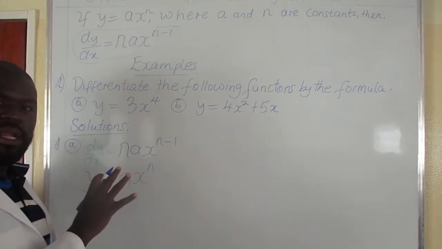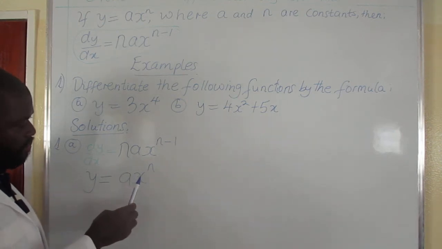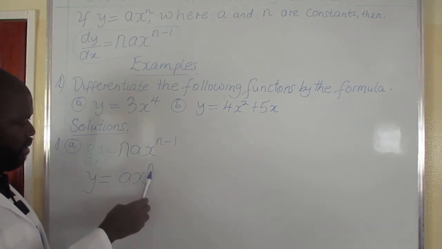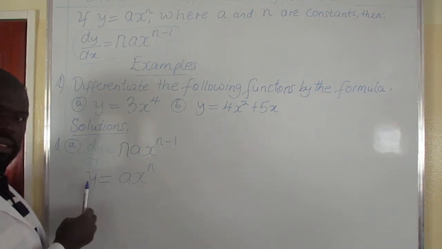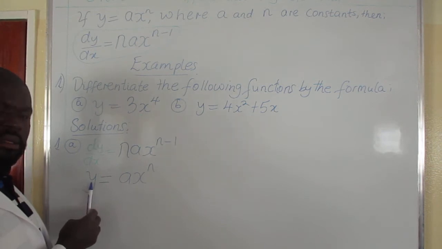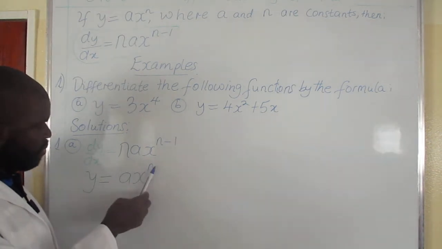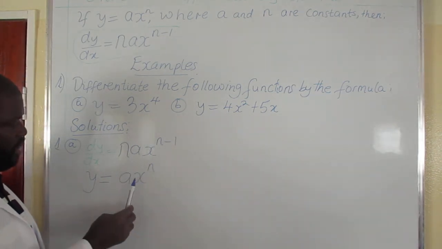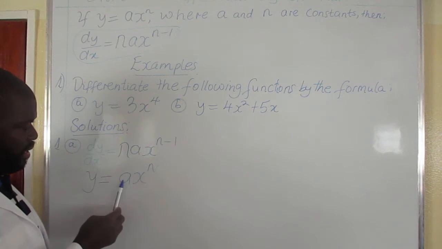Now, according to the way the formula has been made, when we have a function of this kind, y is equal to ax power n, for us to get dy dx of this function, which we call the derivative of f of x, or the derived function, what we need to do is multiply this power of n by the coefficient.